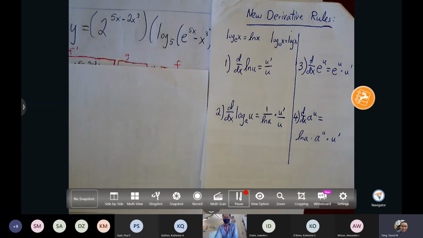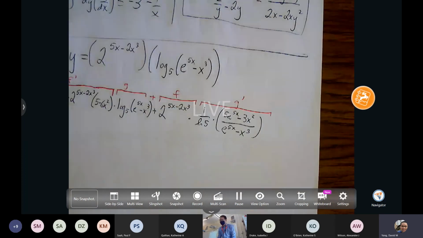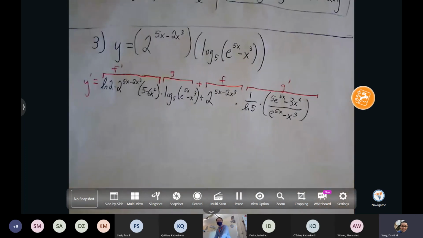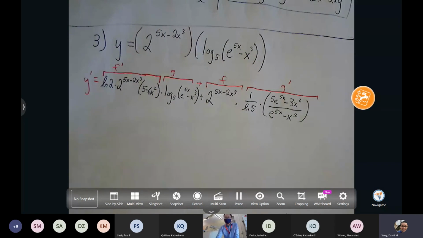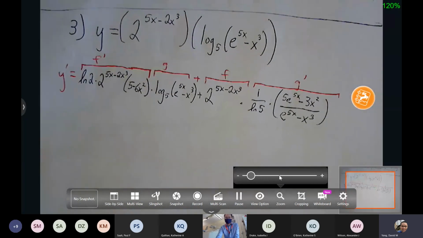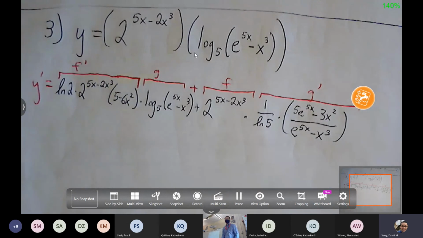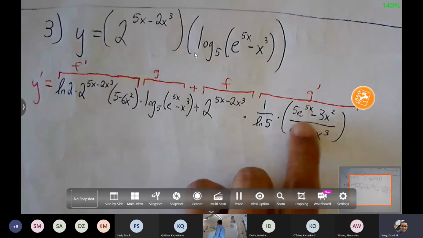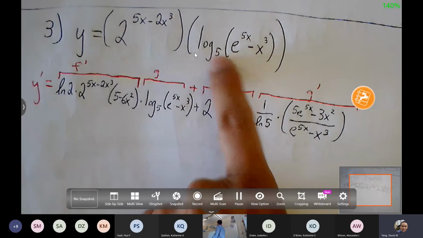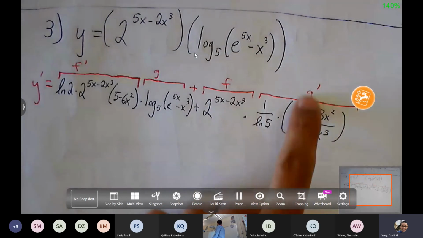Okay, let's see how you guys did. Notice that when I get to this part here, log base a becomes 1 over ln of a times u prime over u.